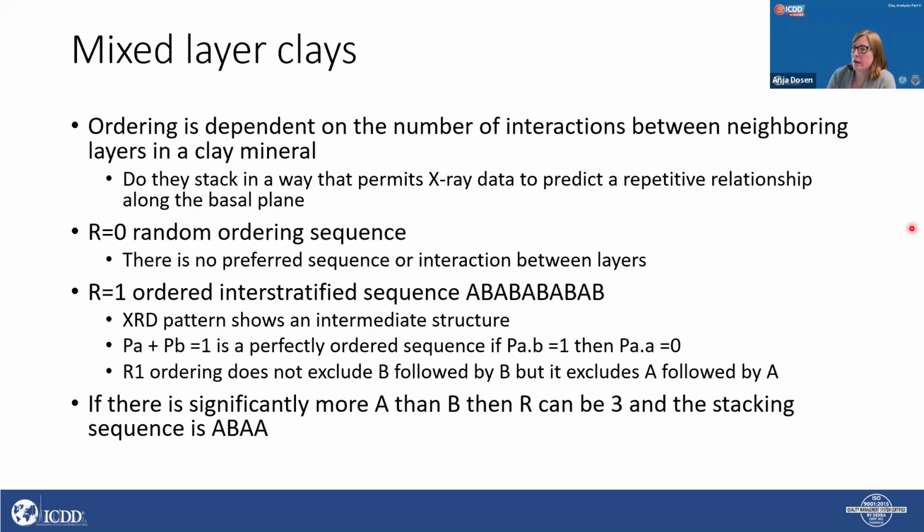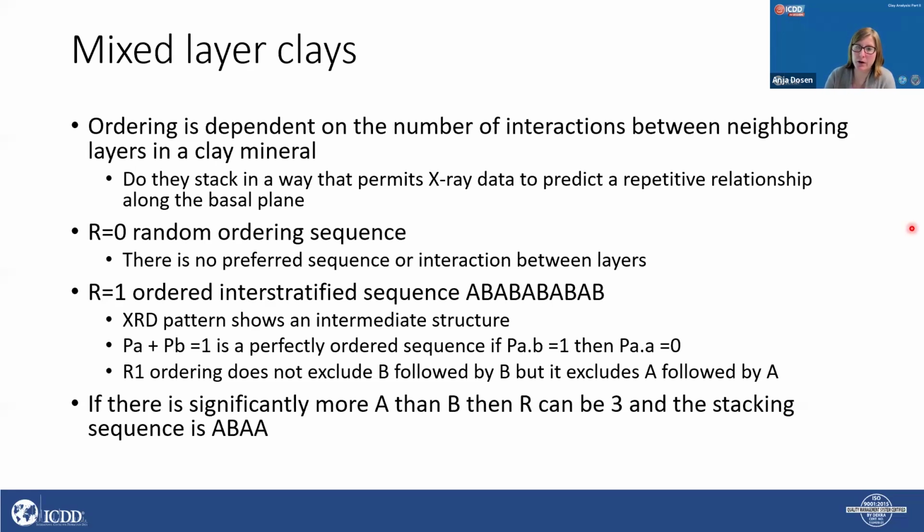So ordering is dependent on the interaction between neighboring layers, meaning the one that's stacked on top. So we want to know how they stack, and do they stack in a way that permits X-ray data to predict this repetitive behavior, or to predict a peak shape. That's what we end up getting.